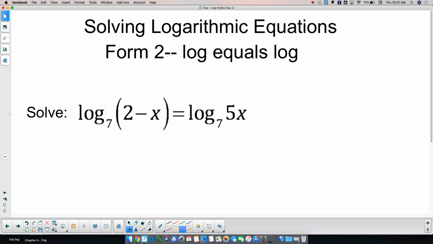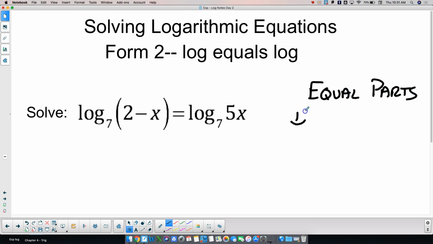Form 2 of solving logarithmic equations is log equals log. Okay? So when log is equal to log, it's actually nice and easy, because you only have two things that have to happen. You have to have equal parts.